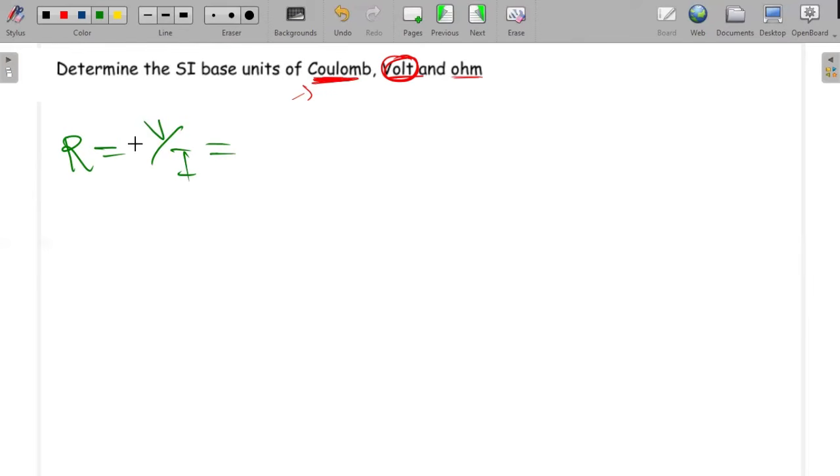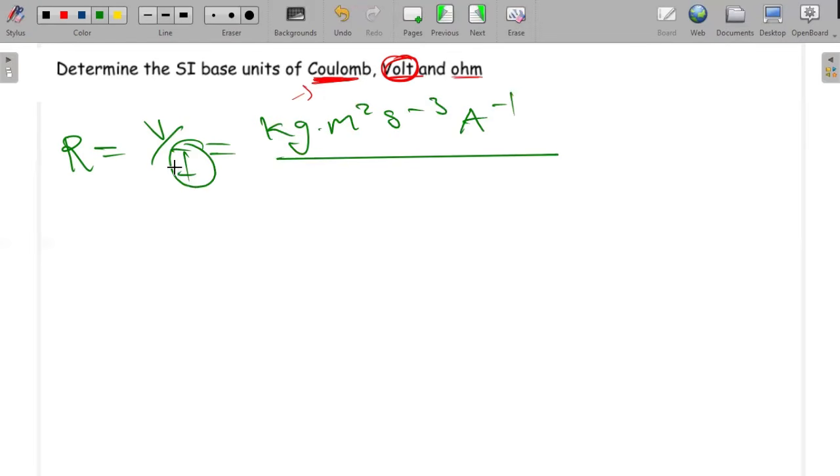So voltage is equal to kg meter squared second to the power minus 3 amp to the power minus 1, and that divided by the SI unit of measuring current, which is the amp.